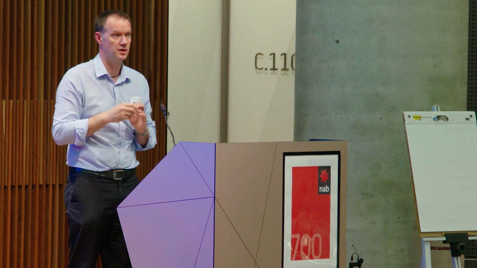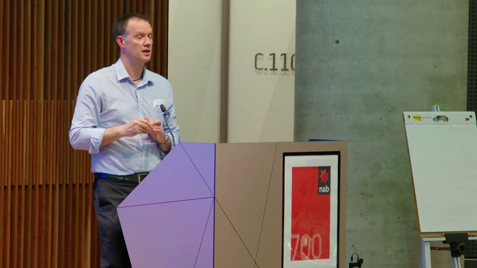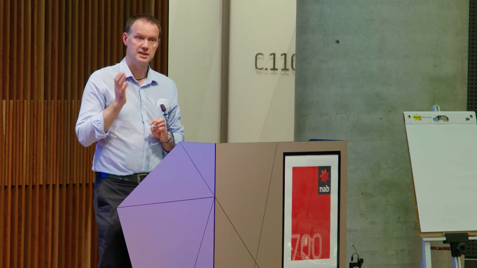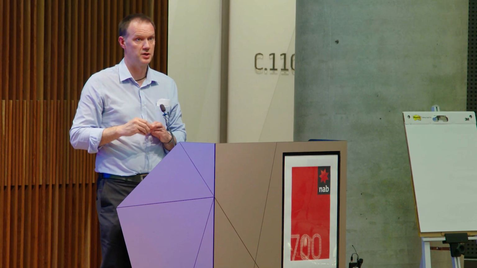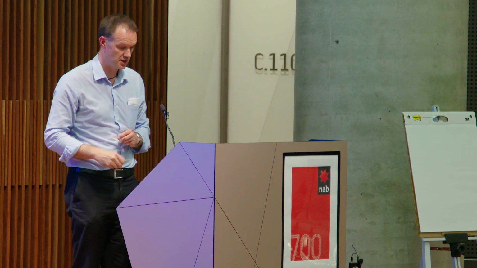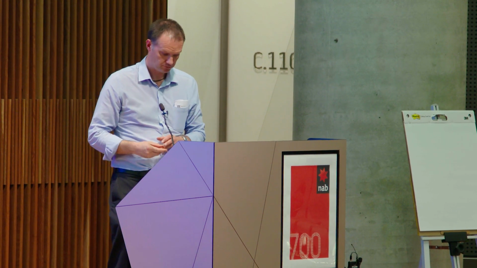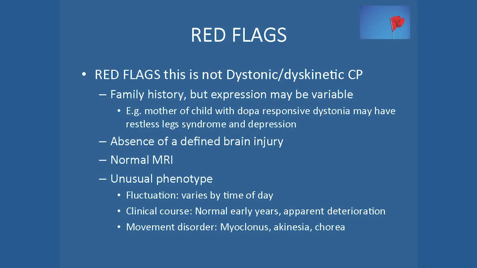So you just pick up the phone and ask for help. But essentially, if you're just getting a 10%, 20% benefit, then it's probably not strictly a dopa deficiency syndrome. And the red flags that we've done before: family history, absence of a defined brain injury, a normal MRI, and an atypical phenotype, fluctuations, progressive course, or atypical movement disorders.